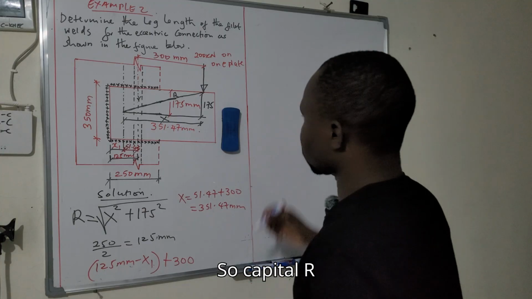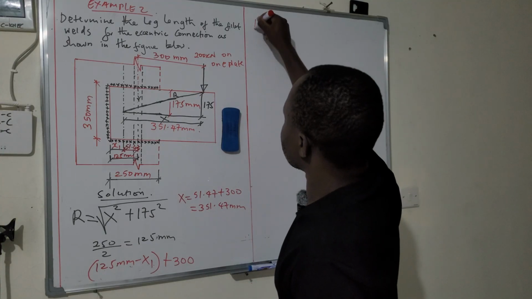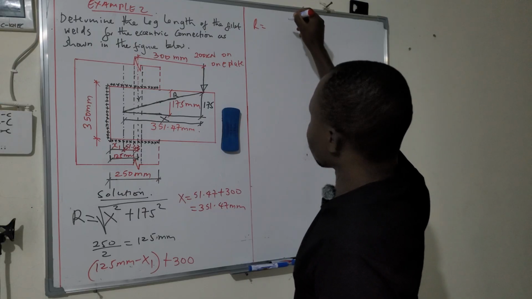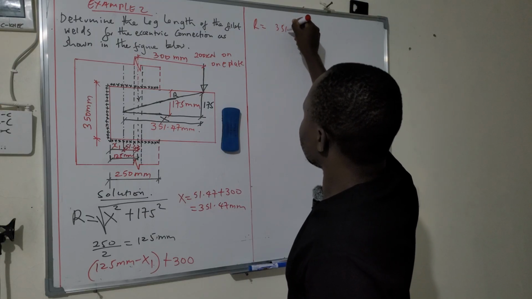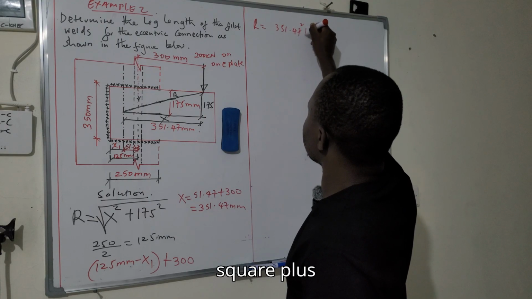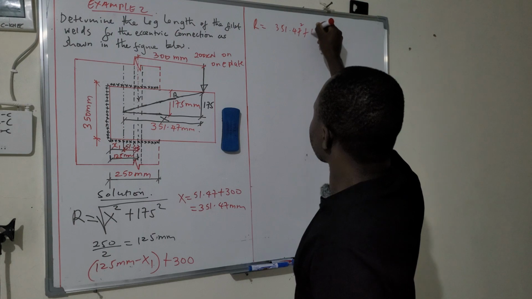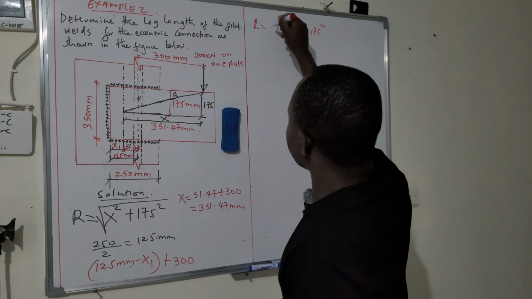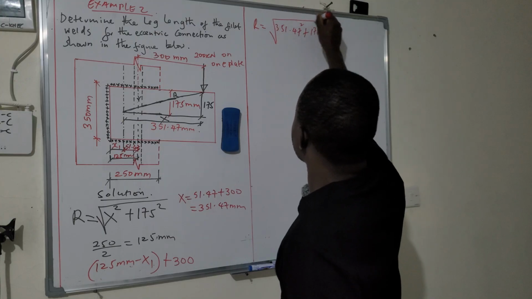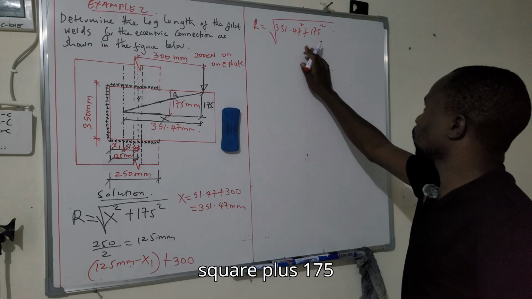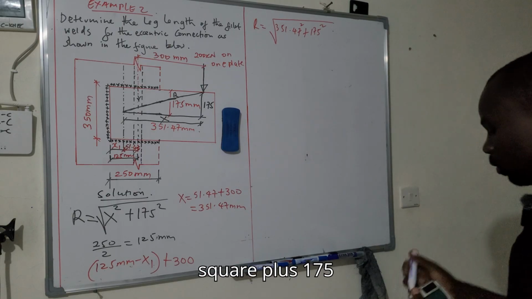So capital R is equal to the square root of 351.47 square plus 175 square.